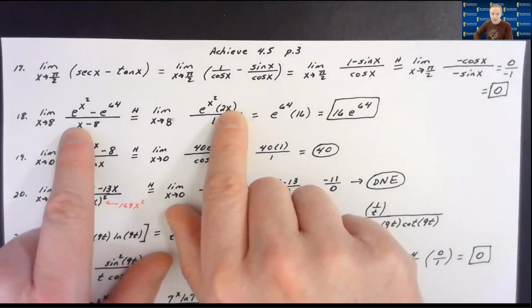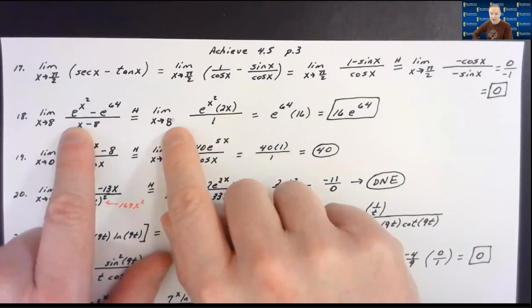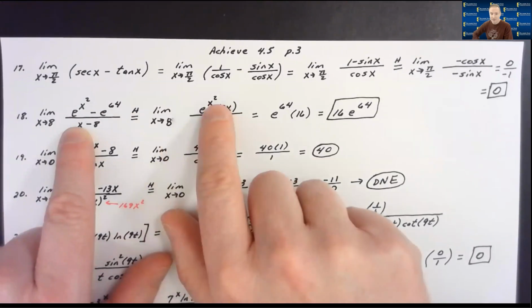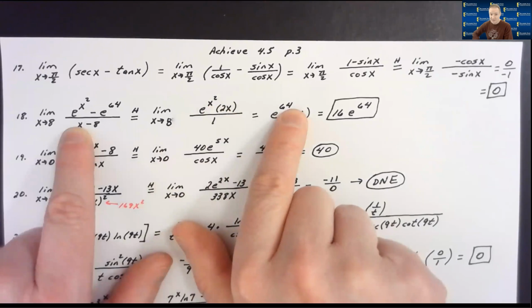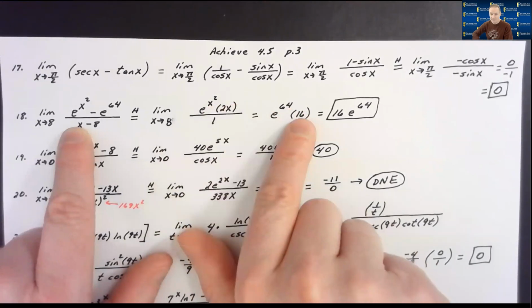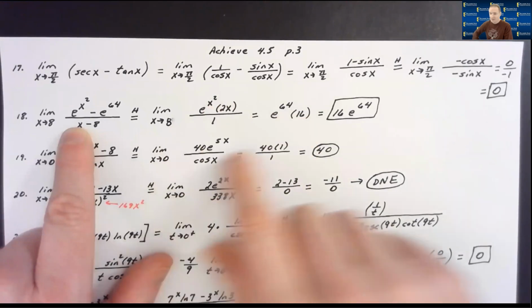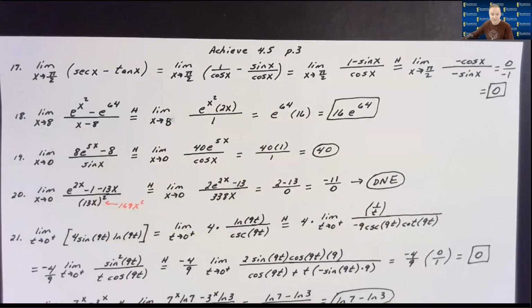My denominator clearly has a derivative of just 1. So now I can evaluate this at 8. And when I do, this would be e to the 8 squared, which is e to the 64, and then times 2 times 8. So I get times 16 all over 1. Better written as 16 e to the 64th power.